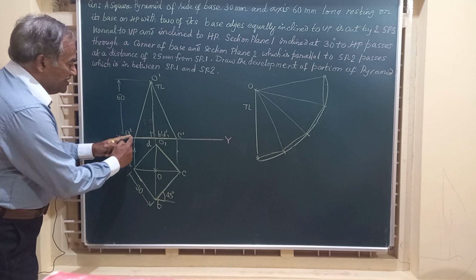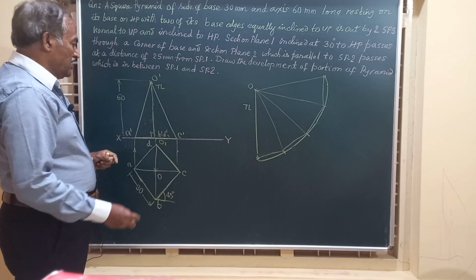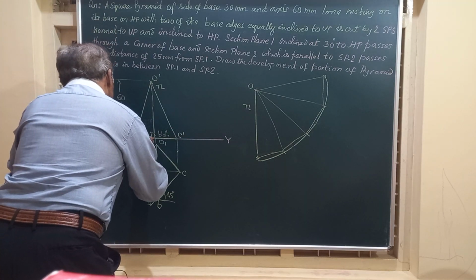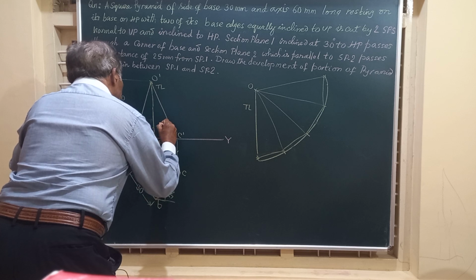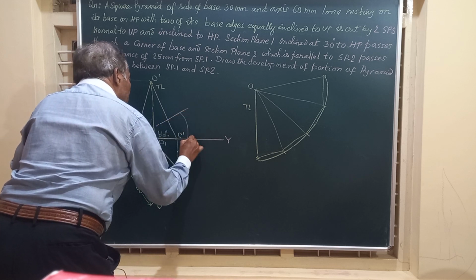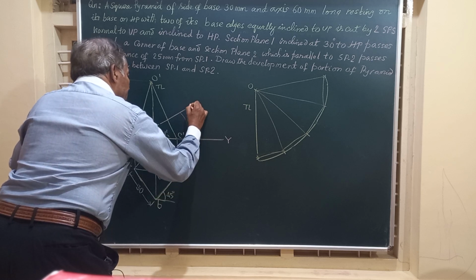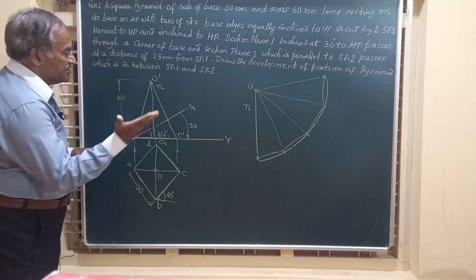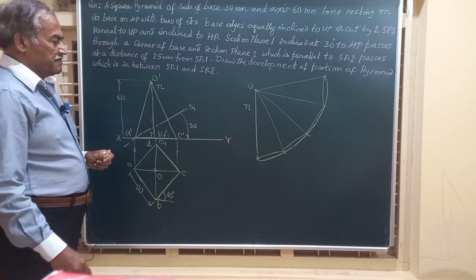Friends, A dash and C dash are extreme corners of the base. This section plane is passing through this corner and inclined at an angle of 30 degrees to horizontal. We'll call it S1, S1. So this section plane is inclined at 30 degrees to HP and it is normal to VP.